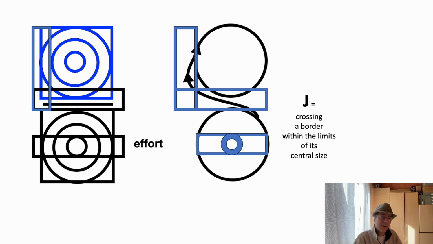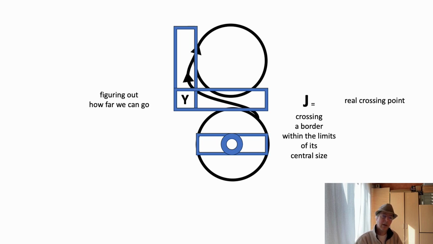So we started with the G. So where is the extension of the G? It is within the limits of our central size. We cross the limit and go to somewhere else. You can see here I expressed the borders of the limits where you can express this G or Y. The estimation of these borders, you can also express this with Y. Here you try to figure out where we can go and how far we can go from our center point of view.